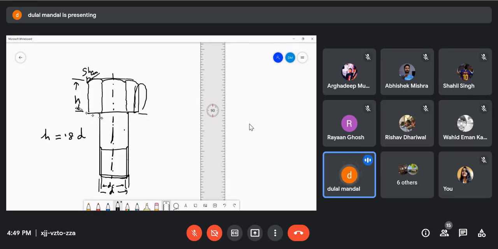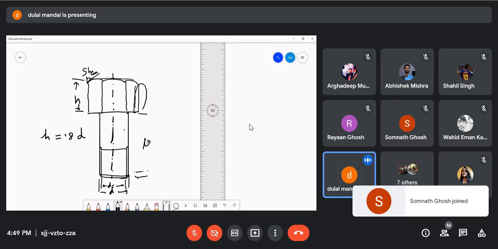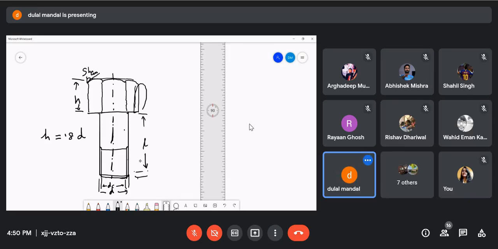Now look, another term: this is the length of the bolt. This last portion, in some cases you will find somewhat round.